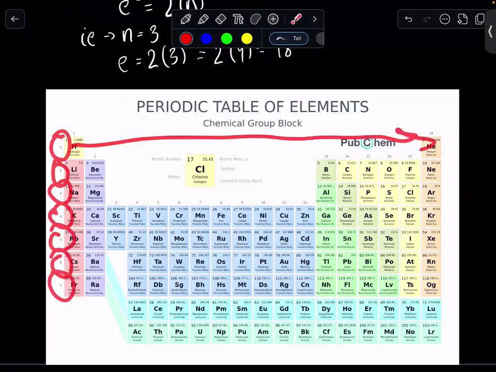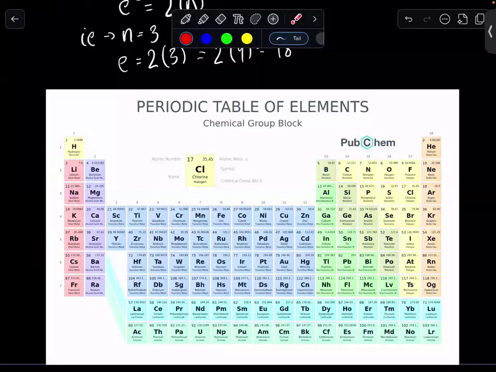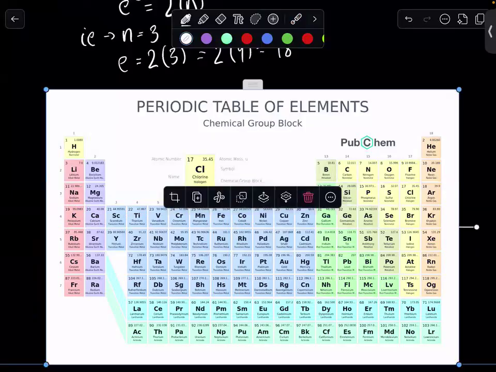Turns out these dictate what the highest energy level that is occupied could be. So if we pick any element like cobalt and we look at its period, period 4, that means that the highest occupied energy level will be 4. So cobalt will go all the way up to N equals 4.